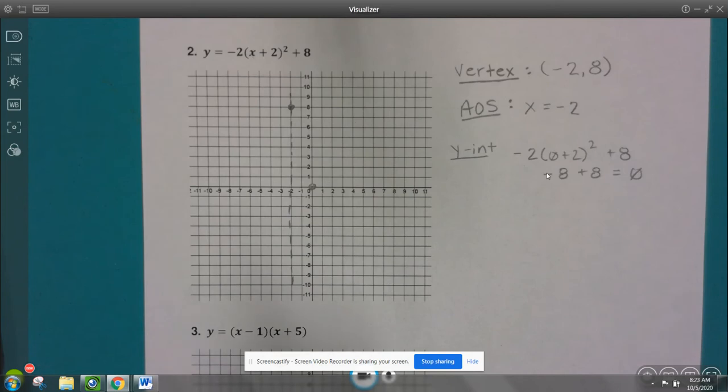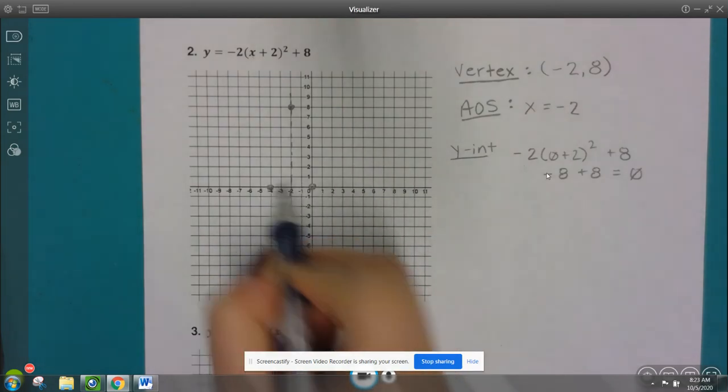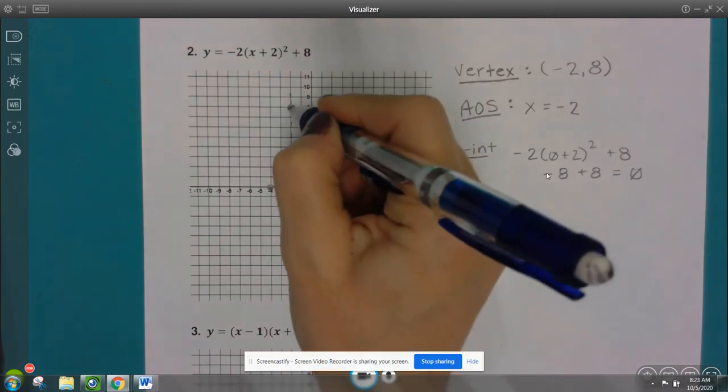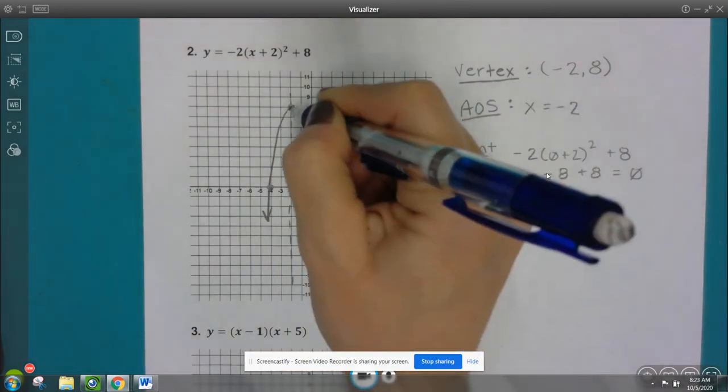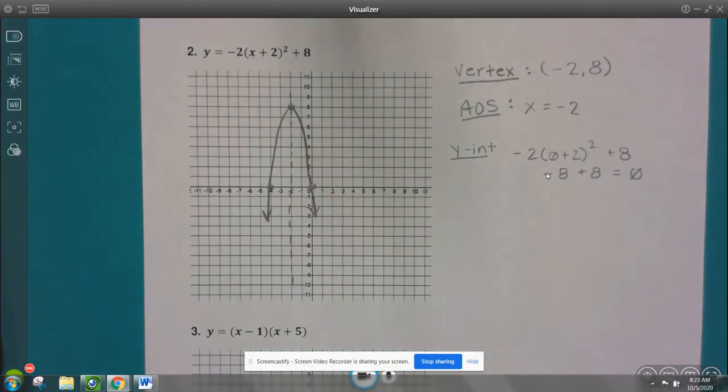So I can reflect this and find my other x-intercept. And now I have everything I need to not only graph my quadratic, but also do all of the rest of the things that we need to do.